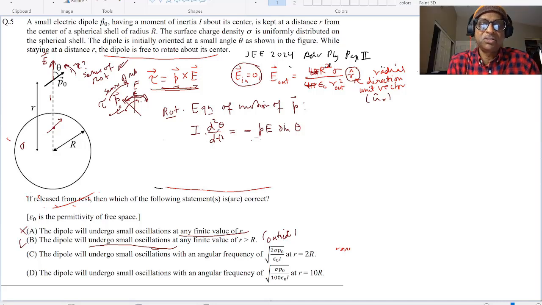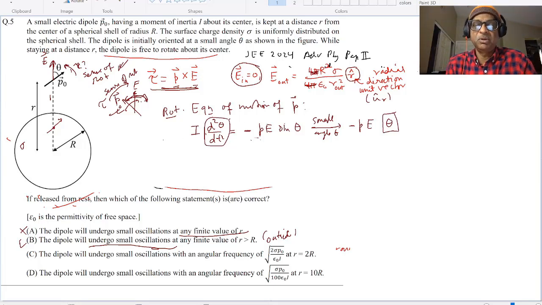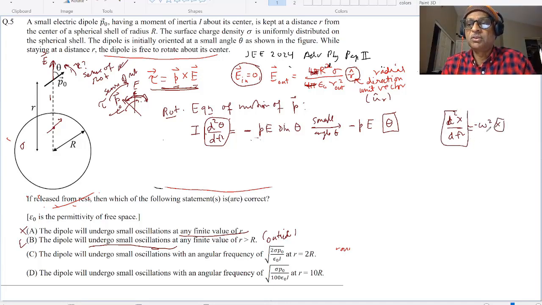Now this doesn't look like oscillation. But for a small angle theta, this will be minus PE theta. So whenever you have this kind of structure, you have simple harmonic motion. When you have d squared x dt squared equals minus omega squared x, you can identify omega as the angular frequency of oscillation.